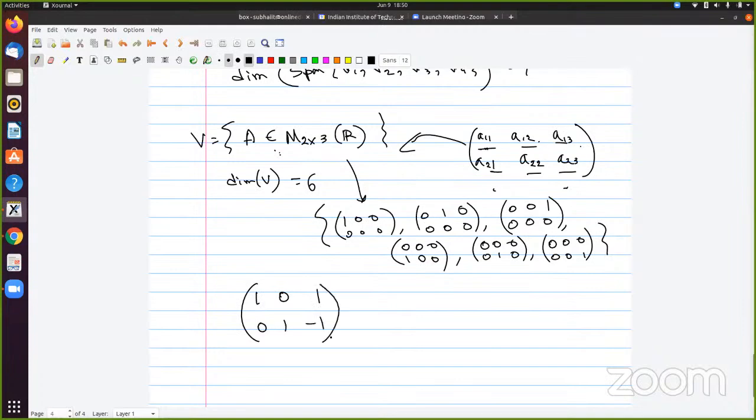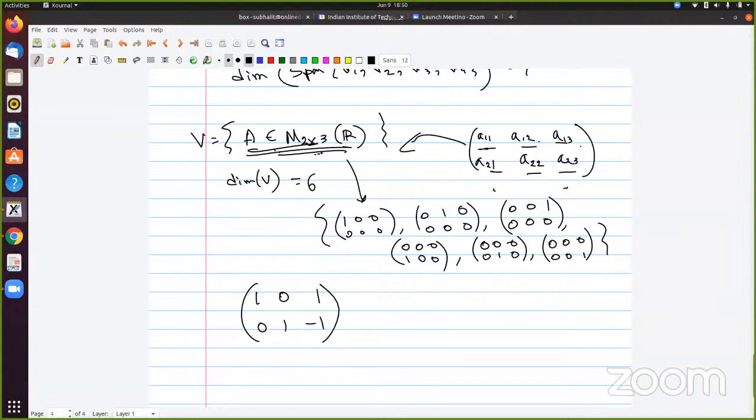Now I am taking any particular element of this, the rank will be 0, sir. No, 1 minute. Rank of what? Rank of this matrix? There are infinitely many matrices here. This is not a single matrix. This is a set of matrices.